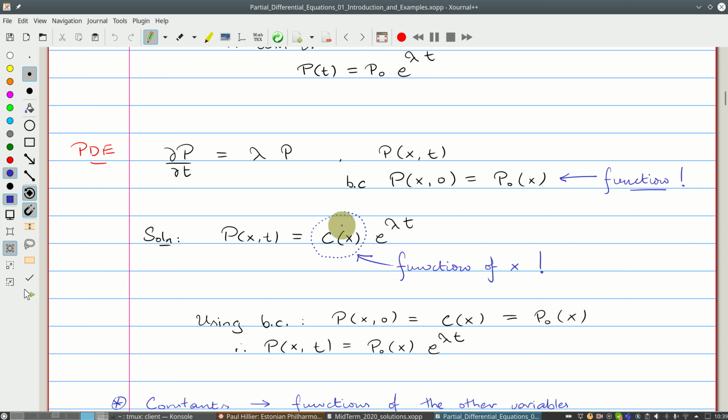Now this is quite different from what you've been accustomed to in ordinary differential equations, where at the most you had some scalar numbers which were undetermined. Here you've got entire functions that are undetermined, that become our effective constants, and this gives partial differential equations much more flexibility in describing the solutions.